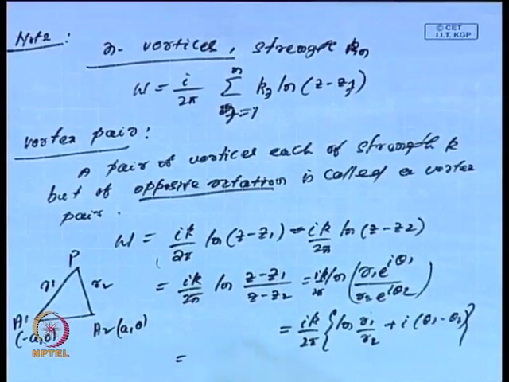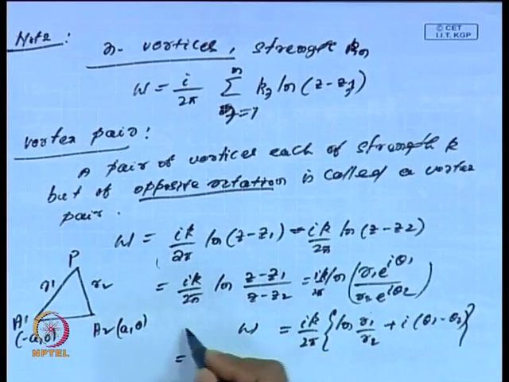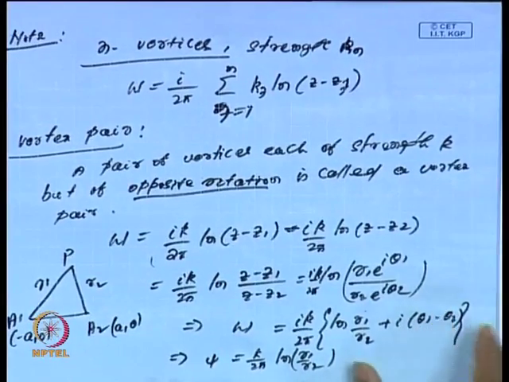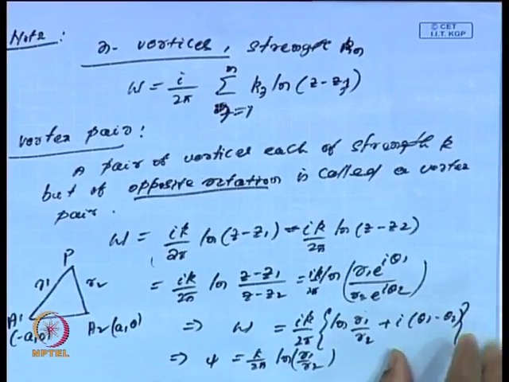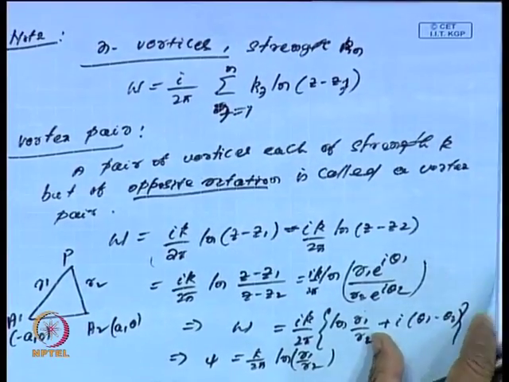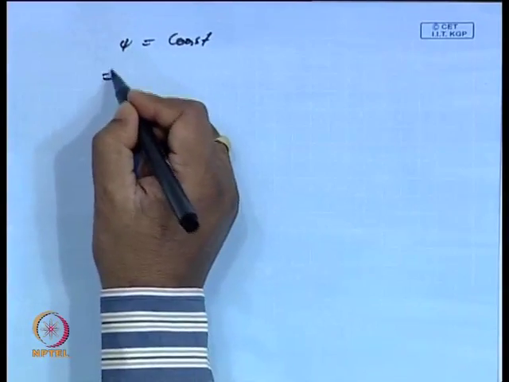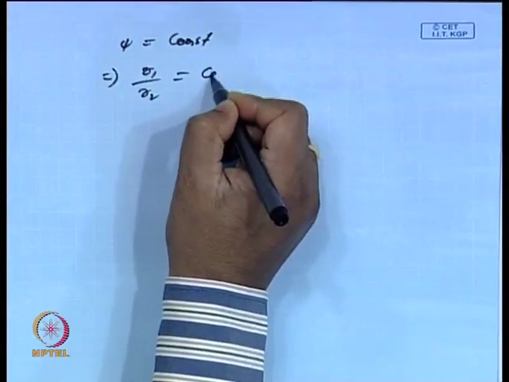If this is w, then my psi will be k by 2 pi log r 1 by r 2. Once I say psi is equal to constant, that will give me the streamlines. So r 1 by r 2 is equal to constant.